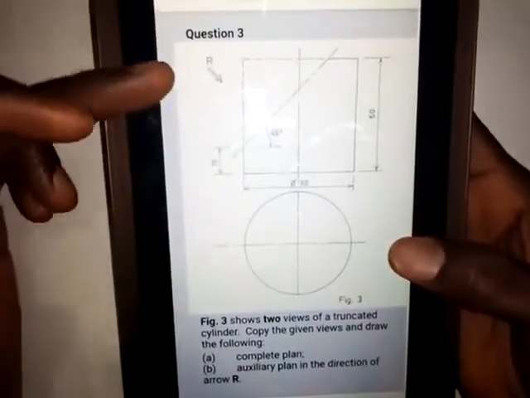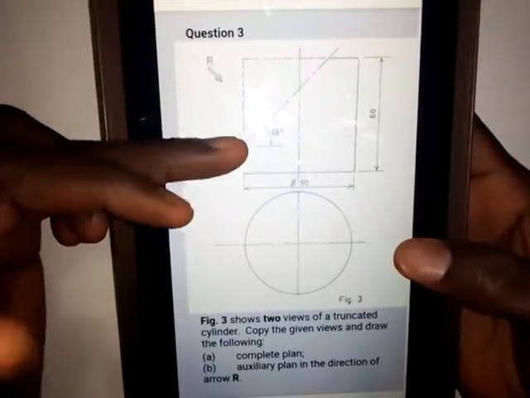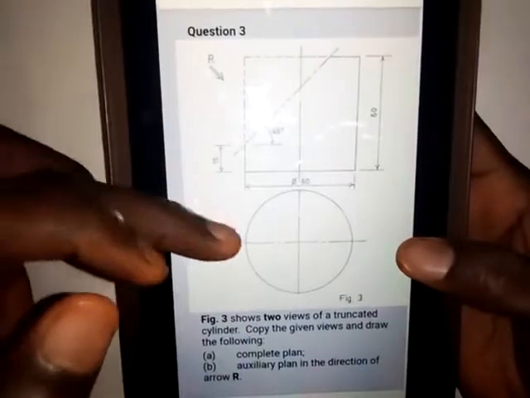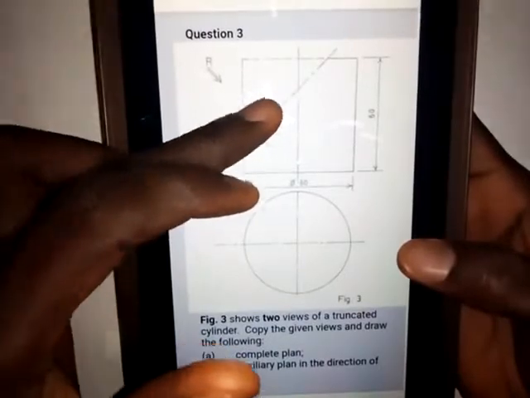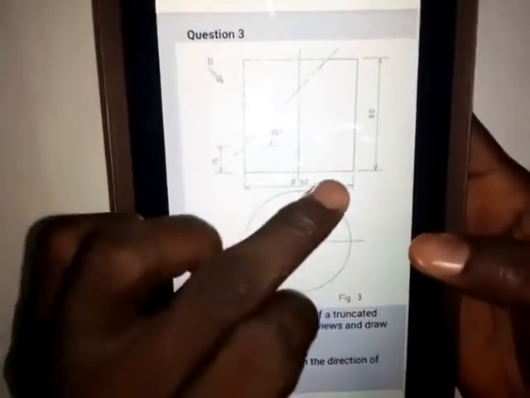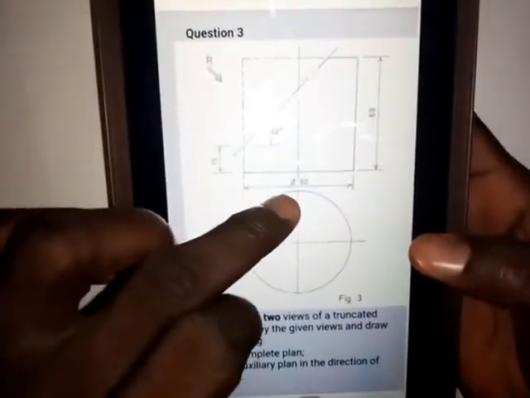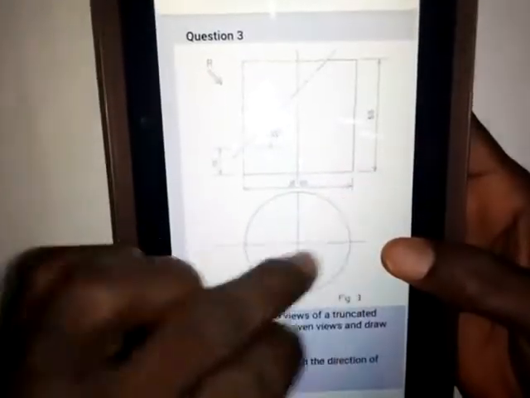And then we have to draw the auxiliary plan in direction of ROR. So what you just need to do is to replicate all that you have here first. So you draw this circle, then you draw this front elevation with the cutting plane. But before I move on, the diameter of this circle is 30 millimeters, and the height of the cylinder is 60 millimeters.